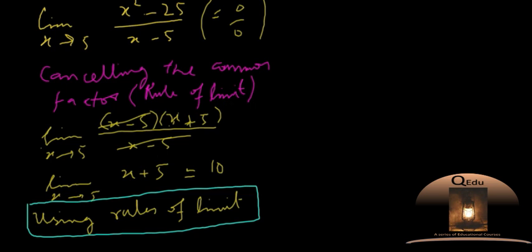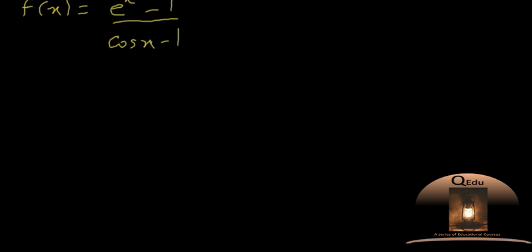But there are some cases where we cannot apply the ordinary rules of limit to evaluate the indeterminate forms of limit. For example, the function f of x defined by x square minus 1 upon cosine x minus 1.